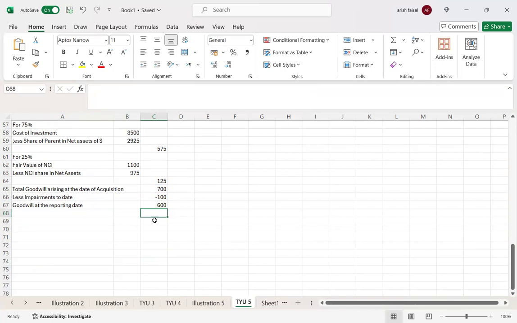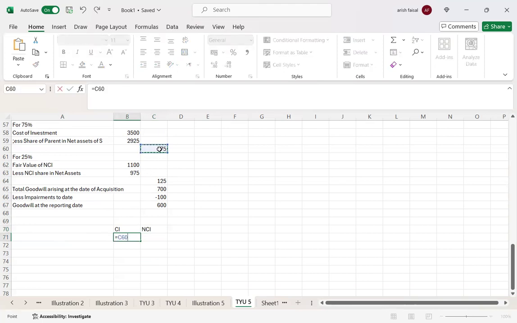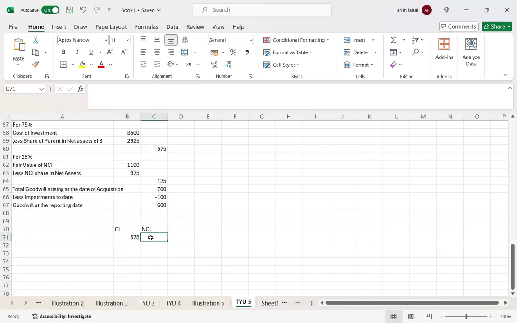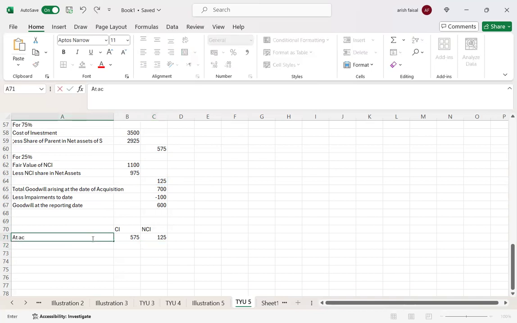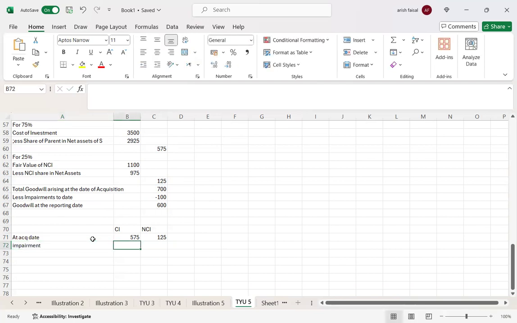Okay. So once you have calculated the goodwill, it's better that you show it separately for the controlling interest and for the non-controlling interest. For the controlling interest, the goodwill was 575, but for the NCI, the goodwill is 125. This is at the acquisition date, but then there has been an impairment of 100.